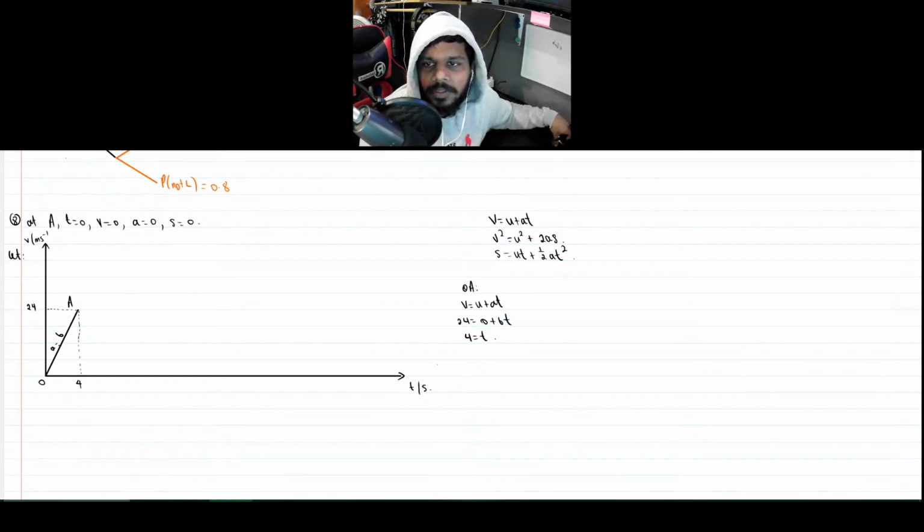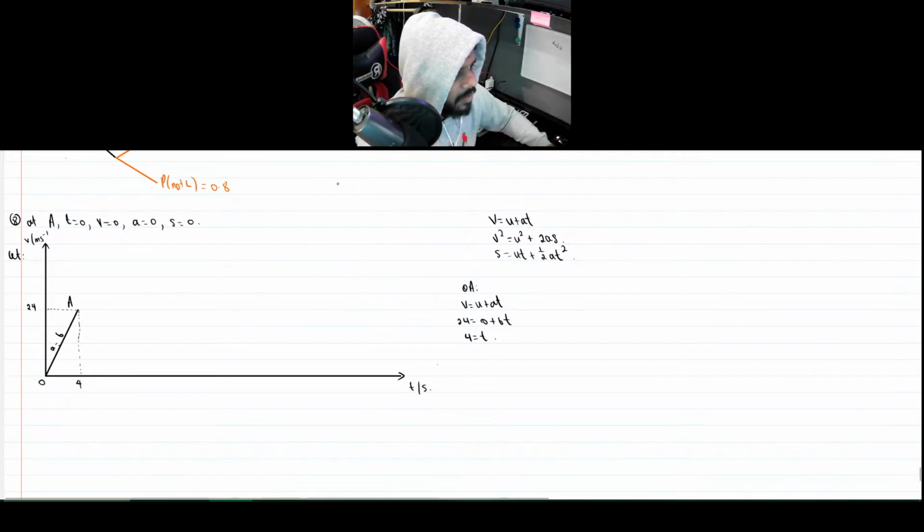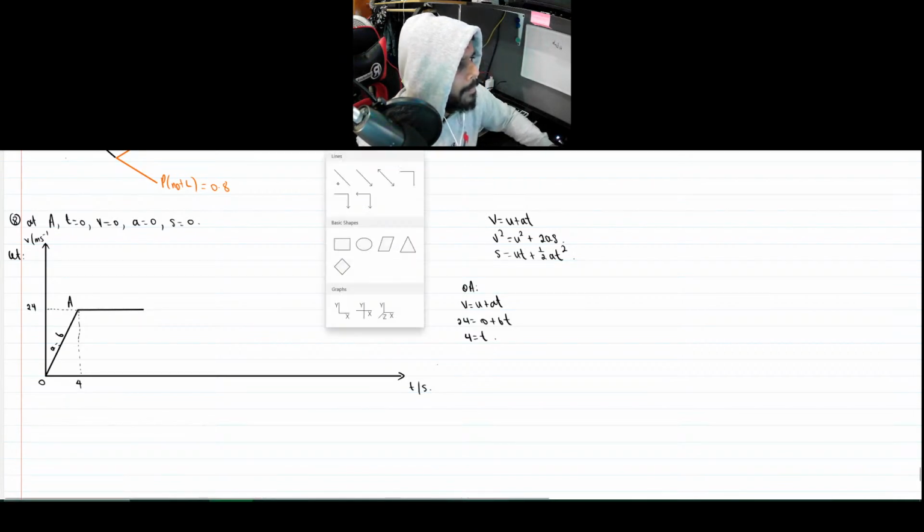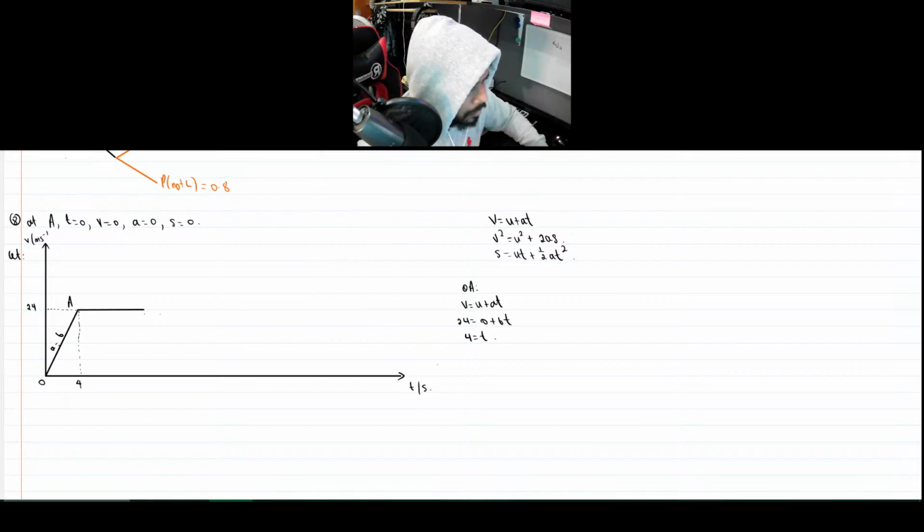Next, the question said the vehicle maintained a constant velocity for 5 seconds. So I remain at constant velocity for 5 seconds. So that will be 24 here, and this point here will be 9.